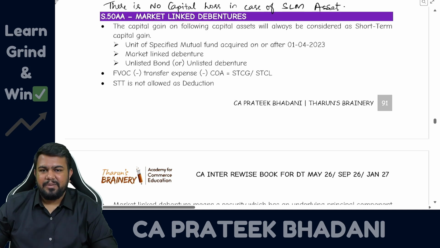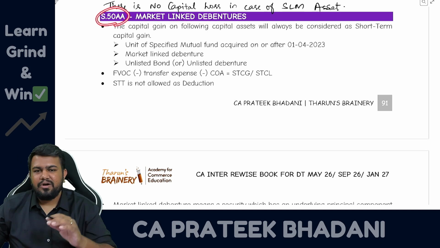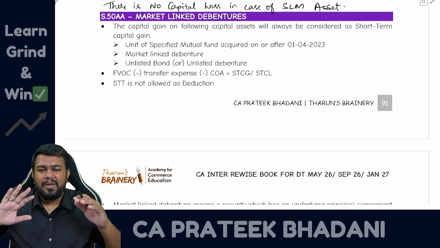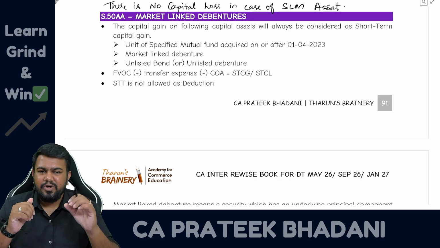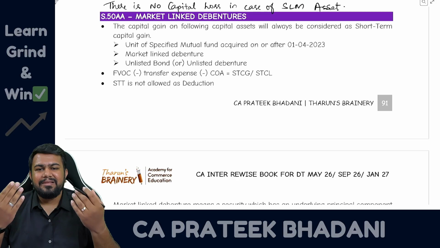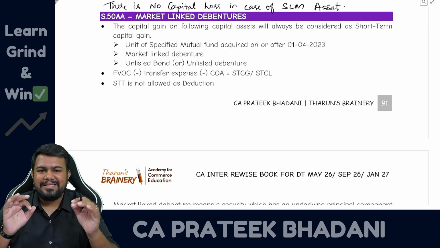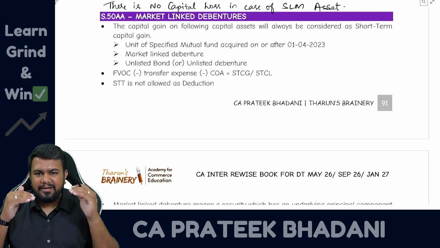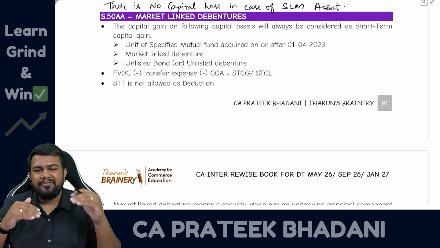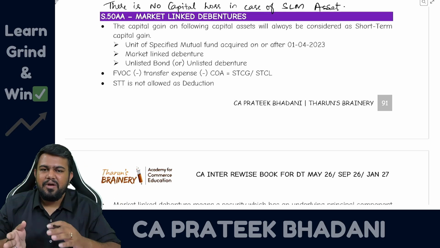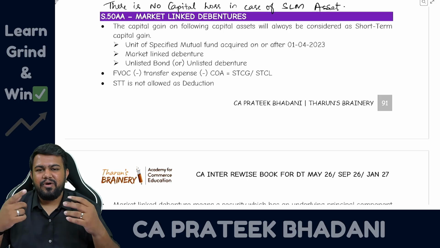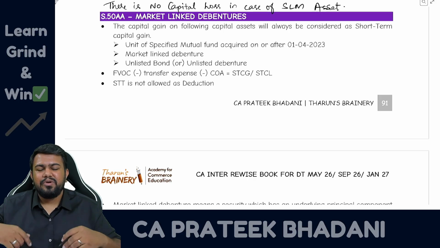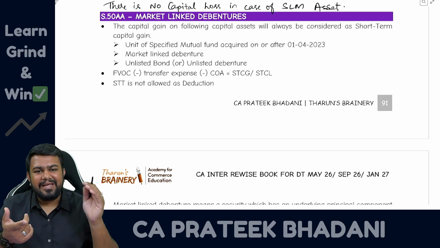This market linked debenture concept is very simple. People used to invest in fixed deposits and earn the interest. Whenever you are earning interest, you are paying the tax under the normal tax slab, that is, 0 to 2,50,000 nil, then 5%, 20%, 30% slab, or in the new tax regime, the new tax regime slab. However, sometimes people used to invest in FD indirectly so that they can pay lower tax.